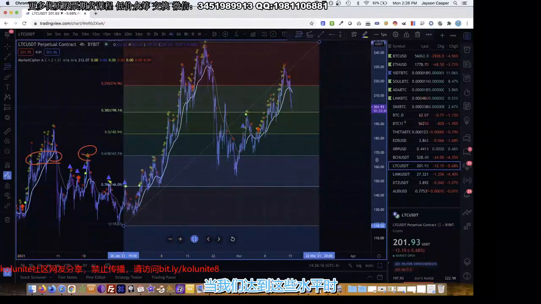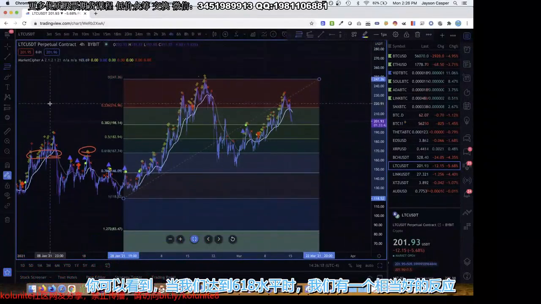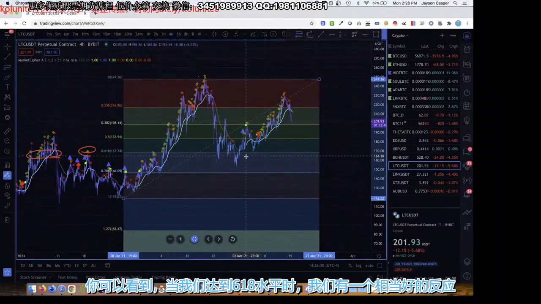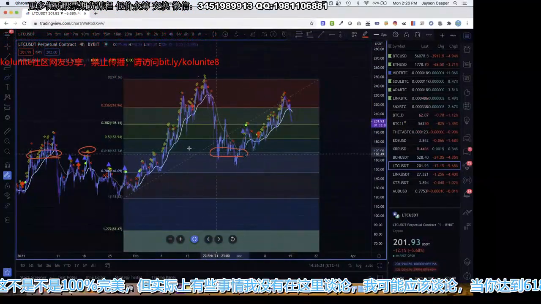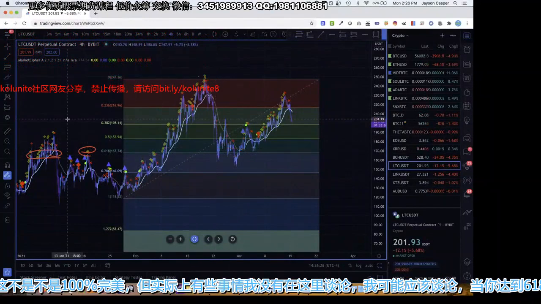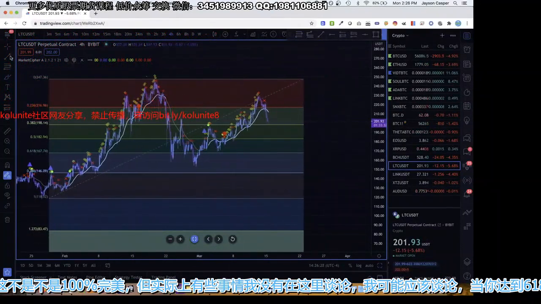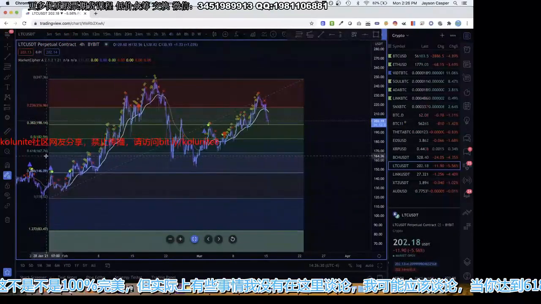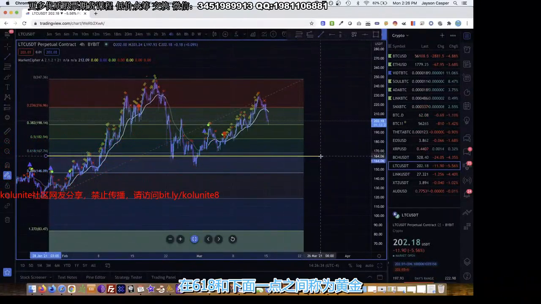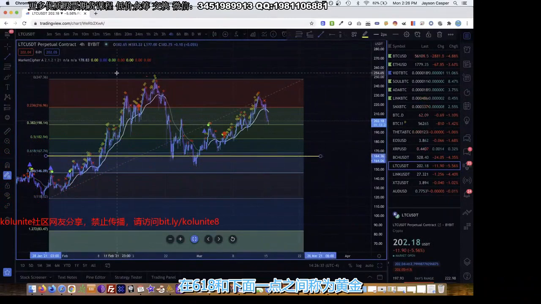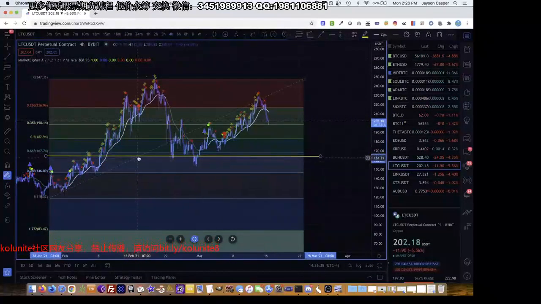When we get to some of these levels, you can see we have quite a nice reaction. When we get to the 0.618 level, it's not 100% perfect, but there's something I'm not talking about here, which I probably should: when you get to the 0.618 level, there's a little area between the 0.618 and a little bit below called the golden ratio, okay?